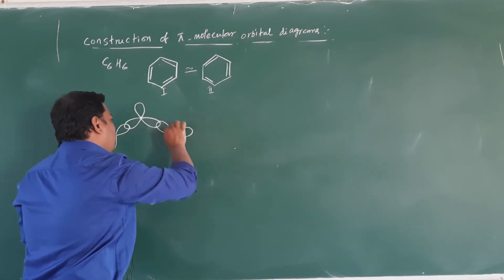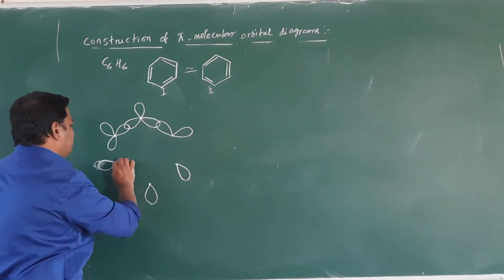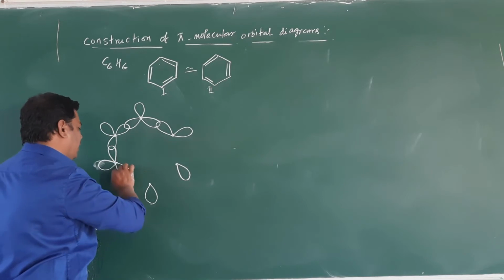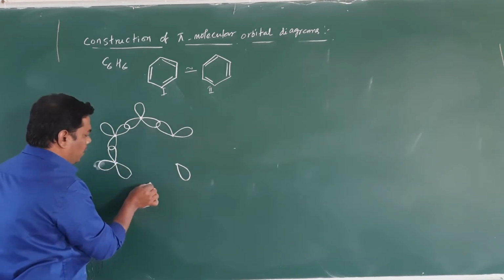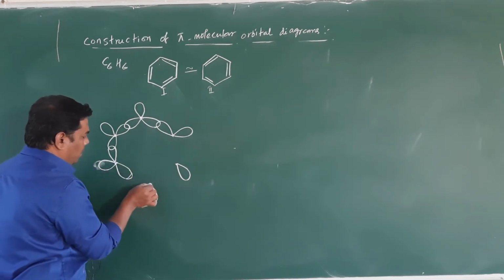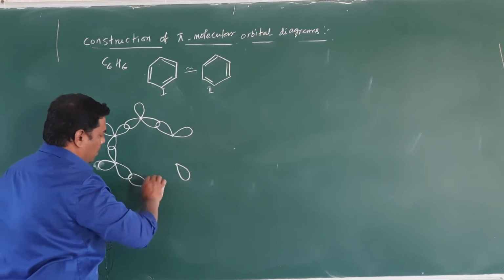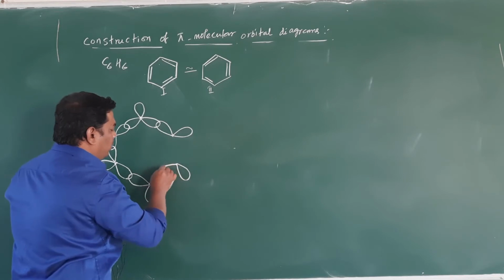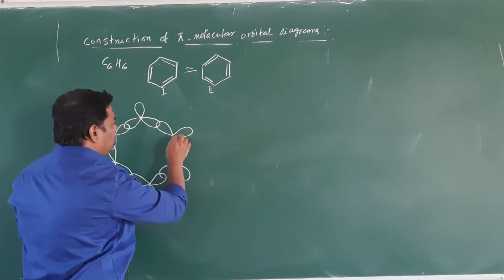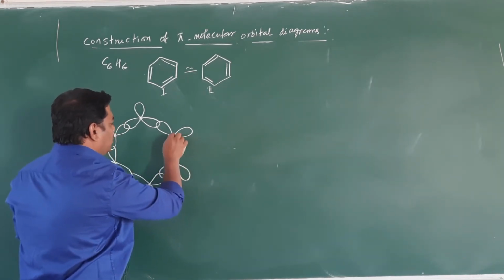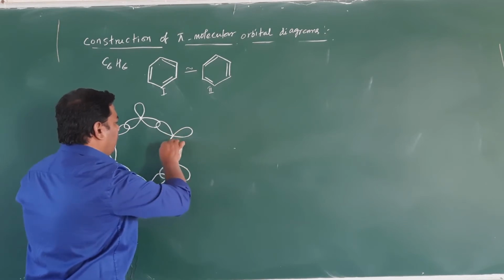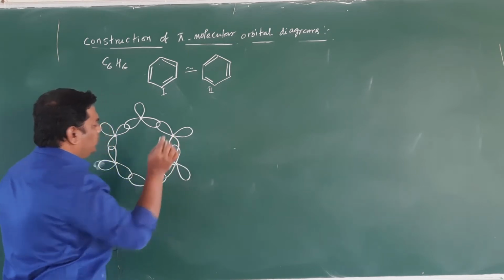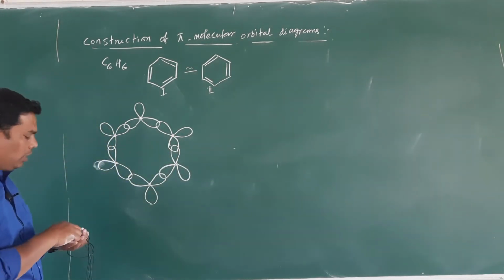These orbitals are overlapping. Here you can see, these orbitals are overlapping. These are the hybridized orbitals.